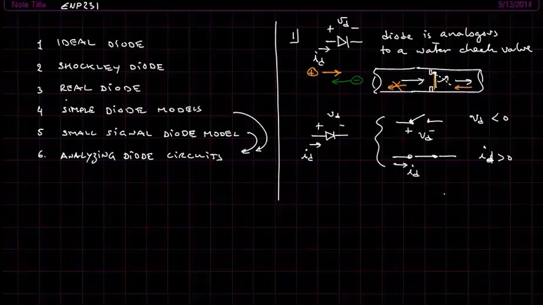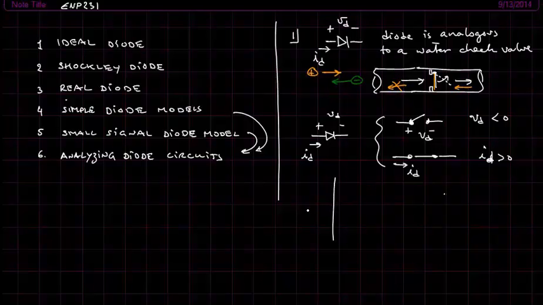So for instance, if you assume that the diode is open, you would replace the diode with an open circuit, and then you'd have to make sure after you solve the circuit that the voltage across the diode was actually less than 0. Okay, so we'll come back and do some problems using the ideal model later.